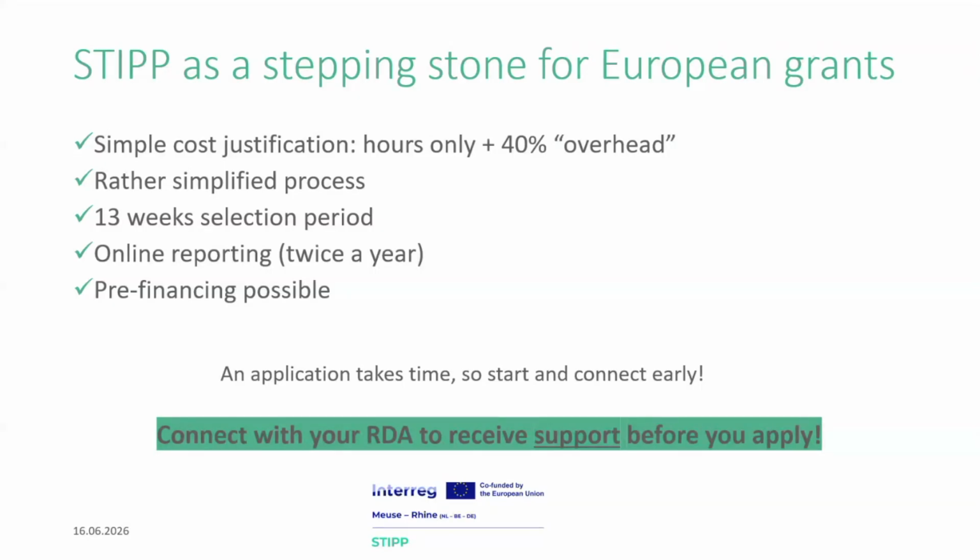We need reporting from projects, and that's twice a year. This can be done via the online portal. And it's also good to mention that pre-financing is possible within the STIPP scheme, and this can be requested after a project has been granted.